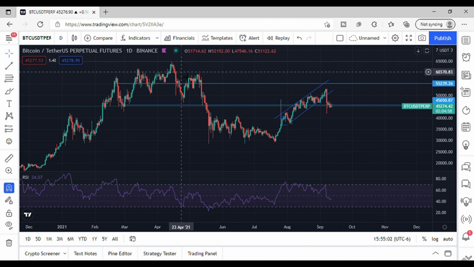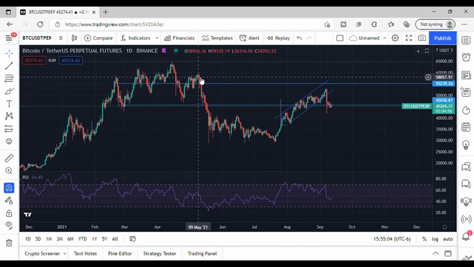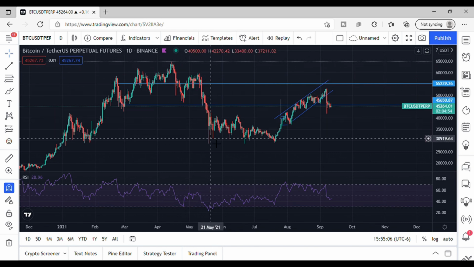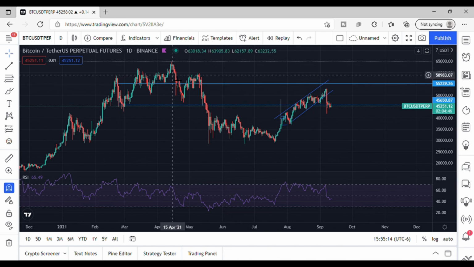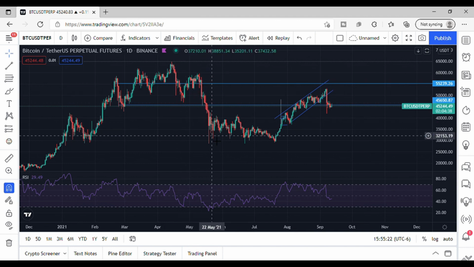This high is lower than this previous high, and then it went lower again. Now you can see this low is lower than this previous low here, and then it went back up a little, lower than this. So if you see at least two lower highs and two lower lows, that is your confirmation that we are in a downtrend.